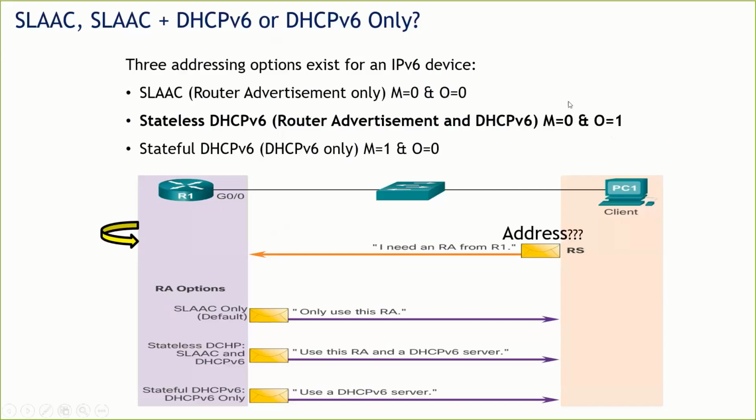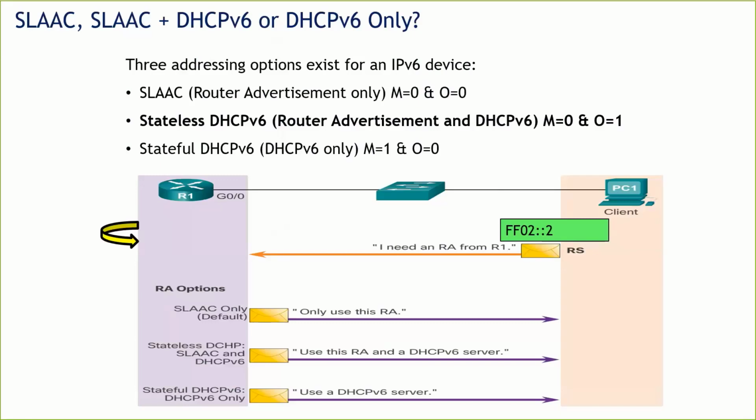So now PC1 is going to do a solicitation because it needs to find an address. What address does it use to solicit the routers? It uses FF02::2, right? It sends out a multicast looking, hey, is there anybody out there?